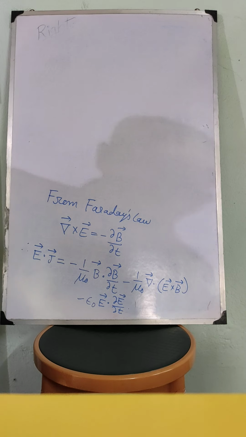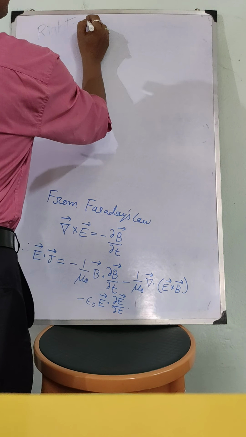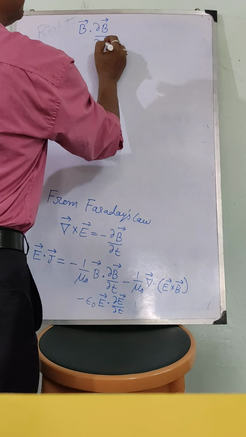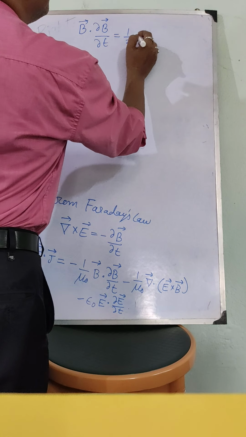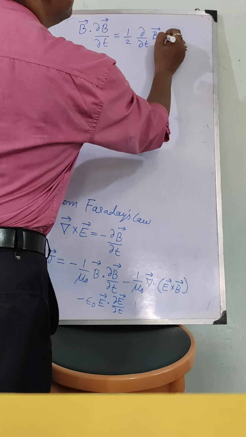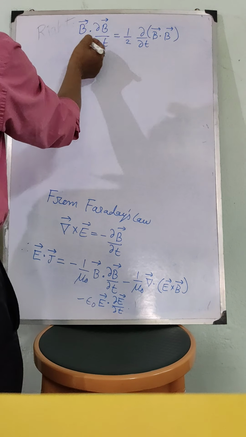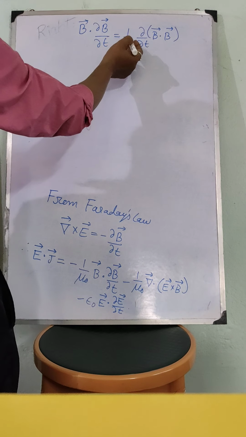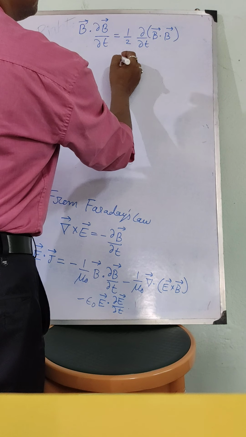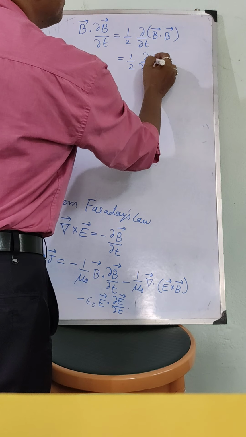Okay, now B dot del B del T I can write as half of del del T of B dot B, because if you expand this you will get this term. So this is nothing but half of del del T of B square.